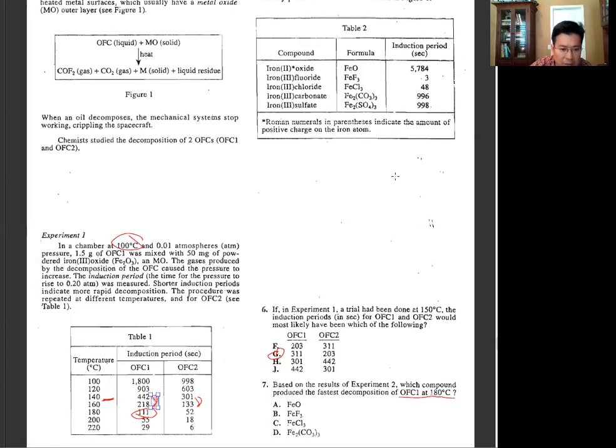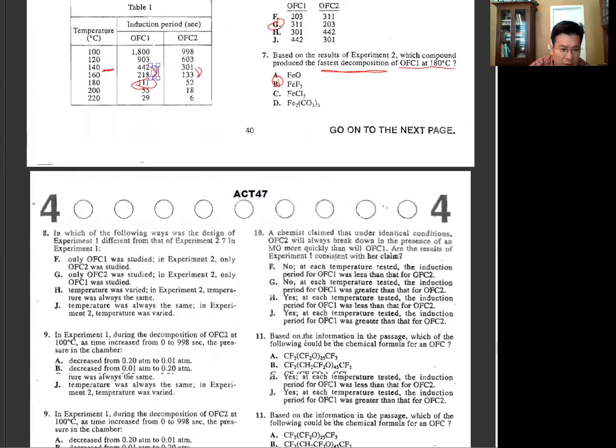The formula is too huge and small. And CL3 is 148. 9 is too huge too. But the compound that decomposes fastest, the one with the smallest induction period, is the fastest. That's why this one is last. So let's see, B is the answer for this one.